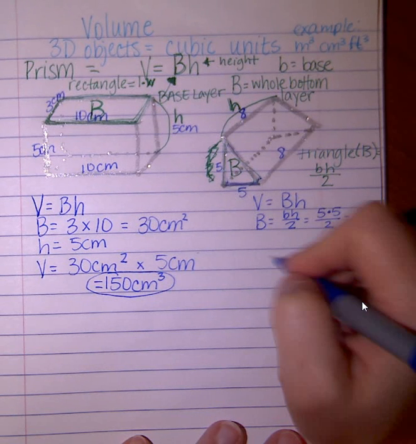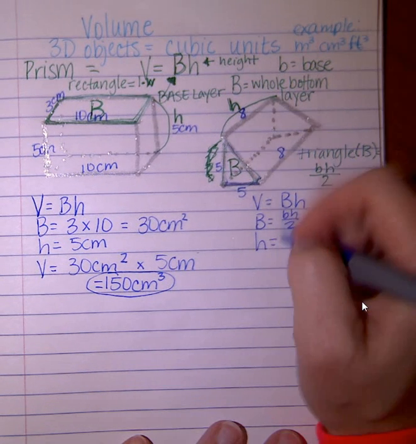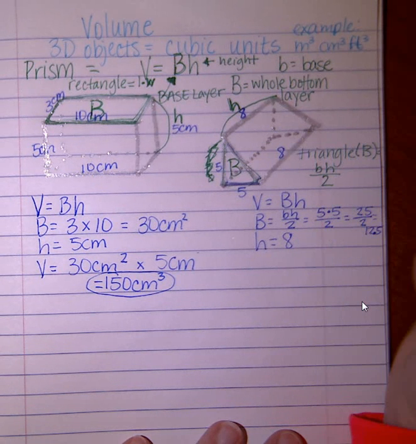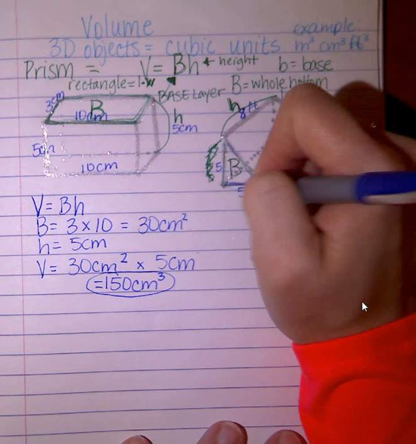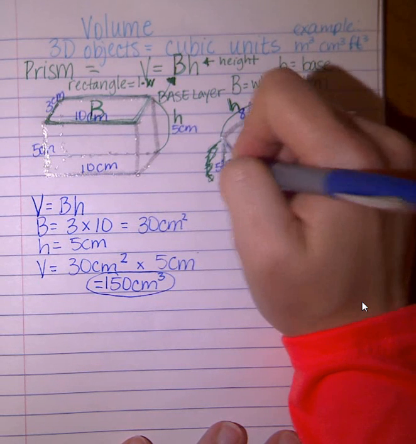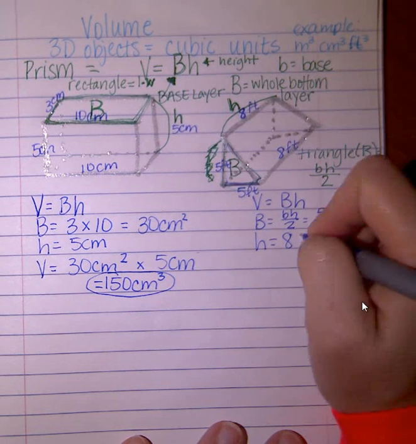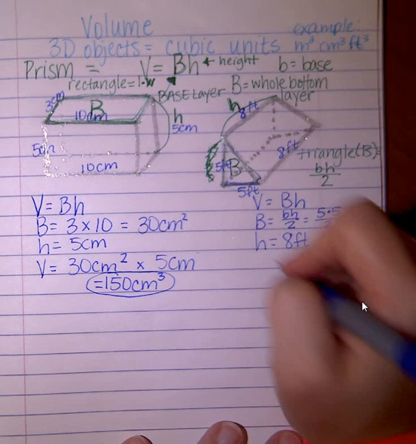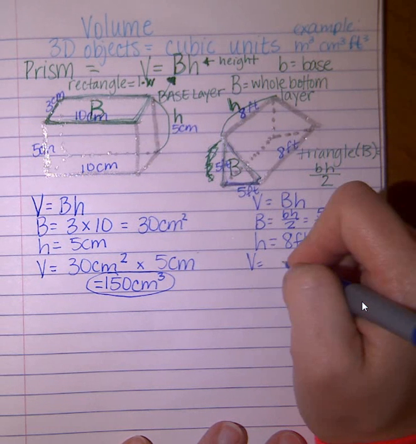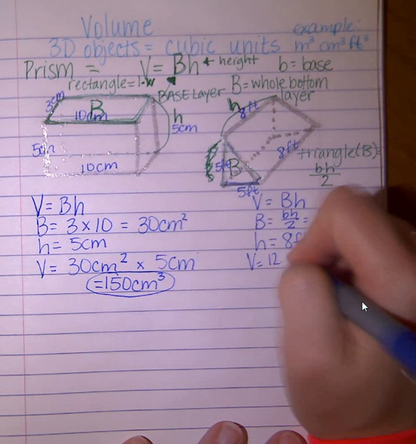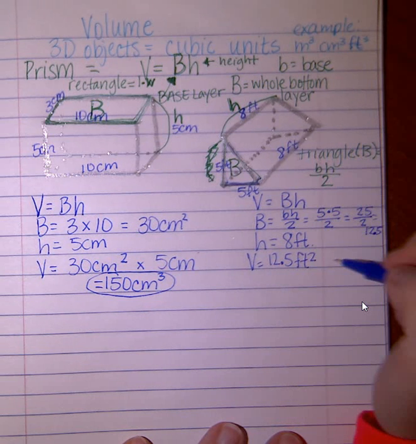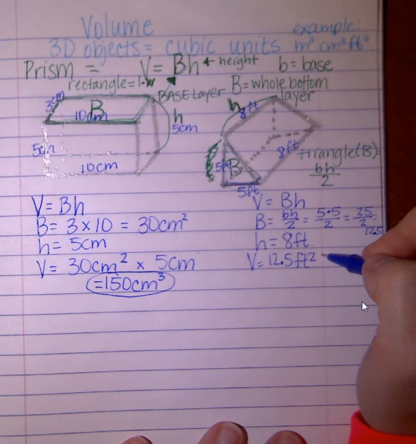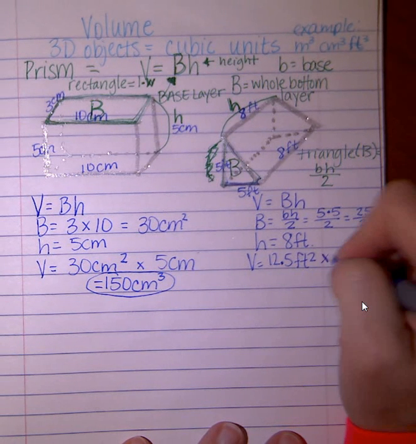And the height of the whole thing is 8. These are in feet, sorry. So 8 feet. Now V equals 12.5 square feet, that was your big B, times your height, which is 8 feet.